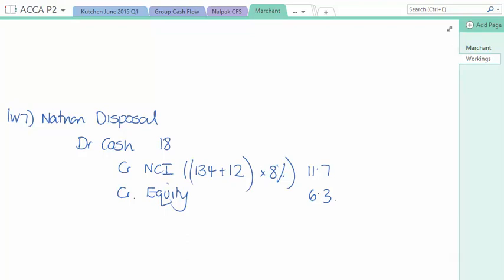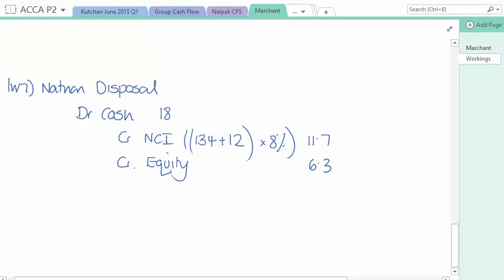It says Marchant accounts for investments in subsidiaries using IFRS 9 and has made an election to show gains and losses in other comprehensive income. The carrying value of the investment in Nathan was 90 million at the start of the year and 95 million at the end of the year before the disposal.